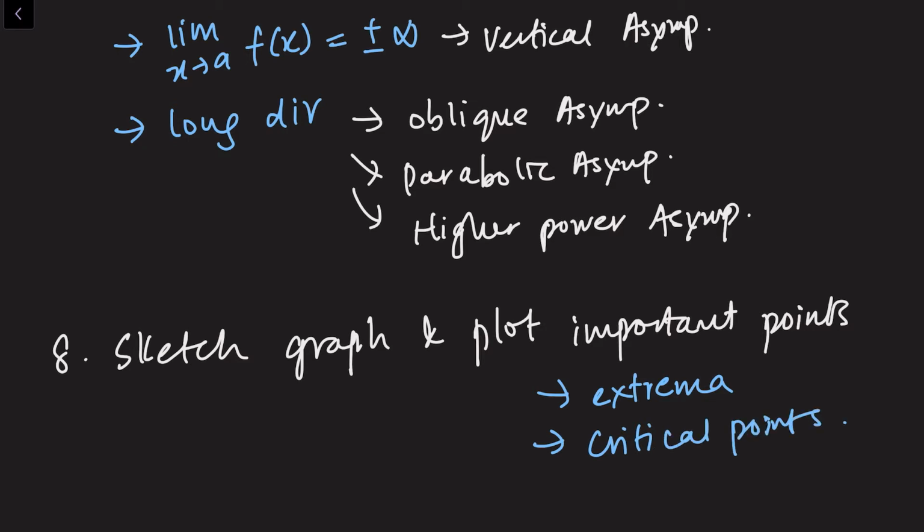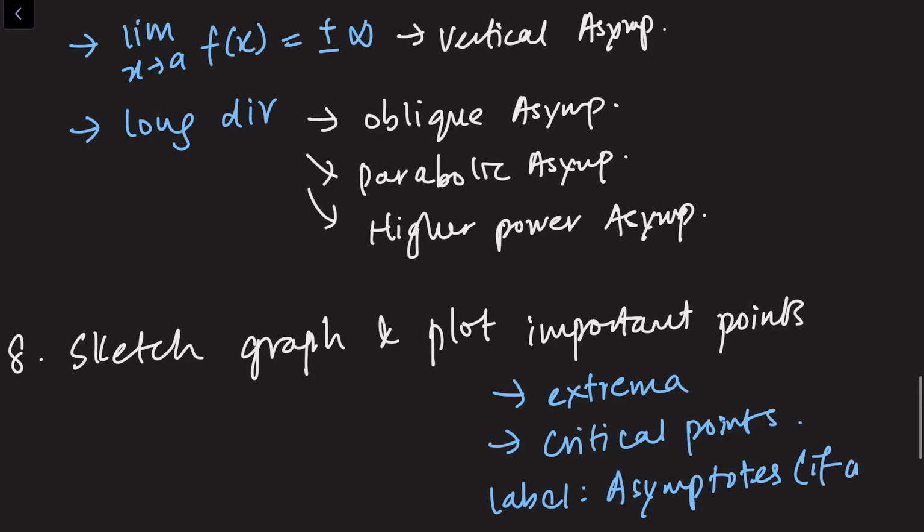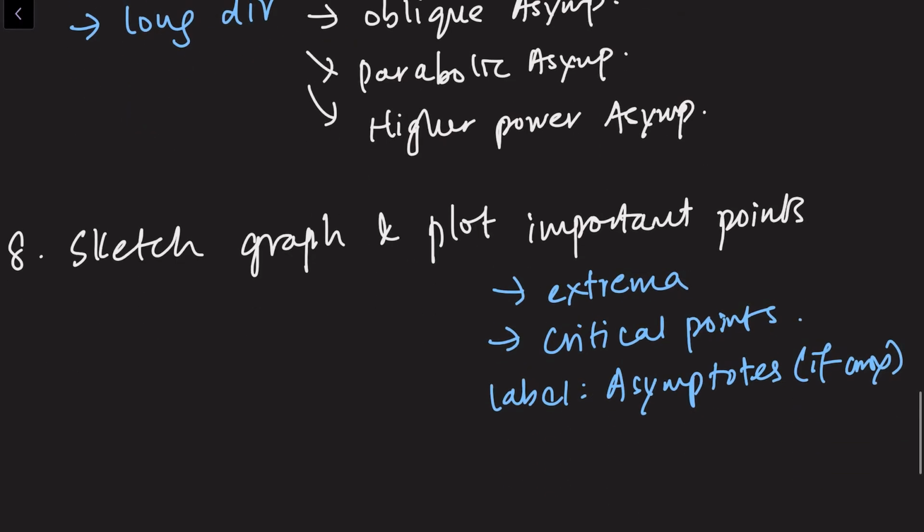And of course you need to label your asymptote if any. And if it is very easy to find, you might as well also label your x-intercept and y-intercept. But this one is actually optional, up to you.